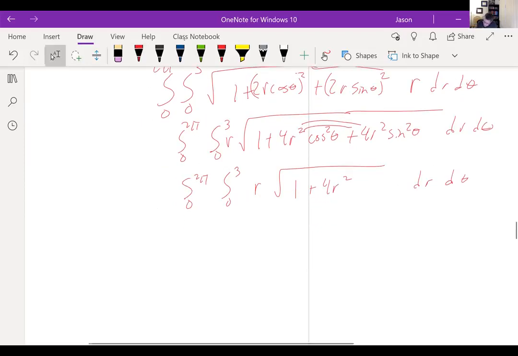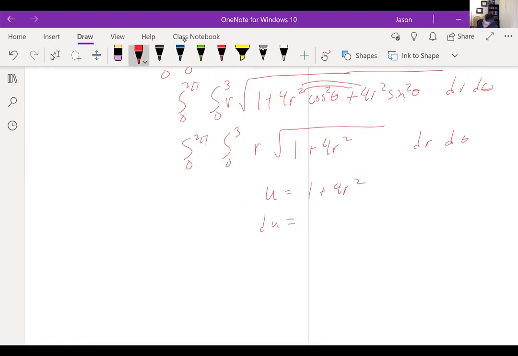Now we want to do a u substitution. u is equal to 1 plus 4r squared. du is equal to 8r dr. So divide by 8, and we get our r dr. That's good.